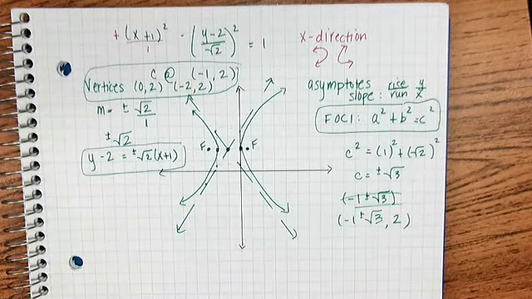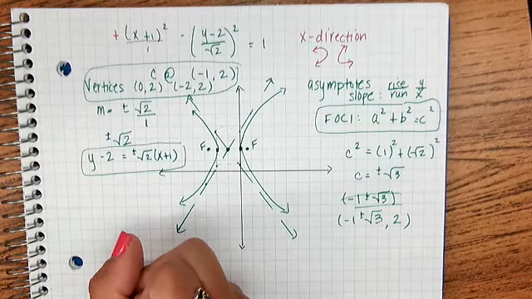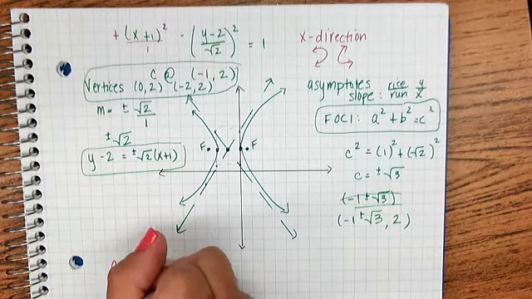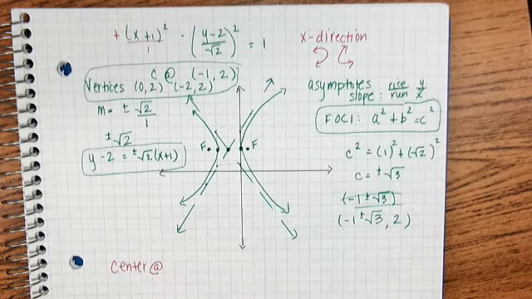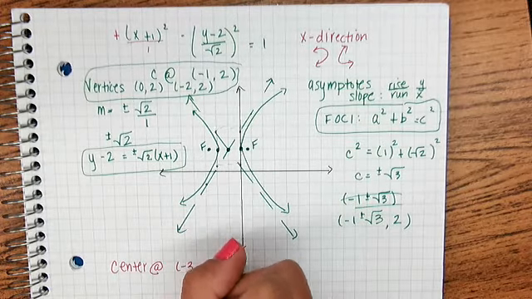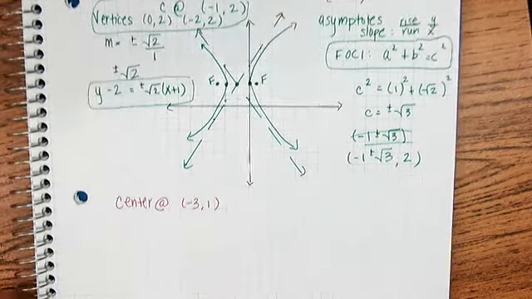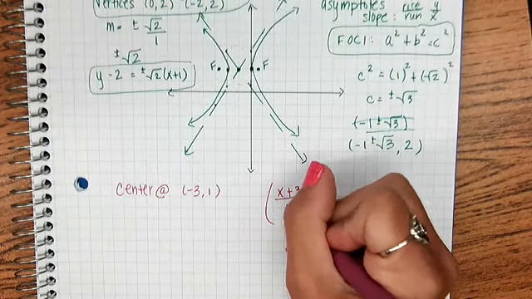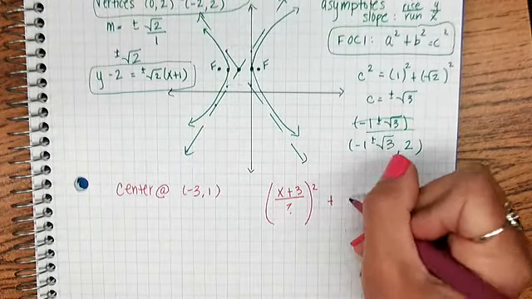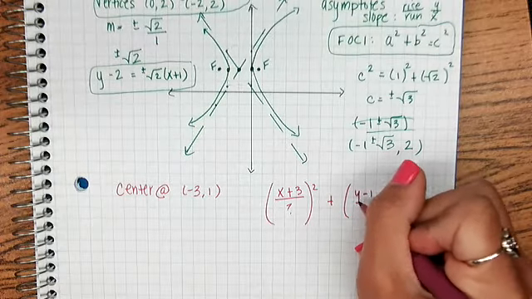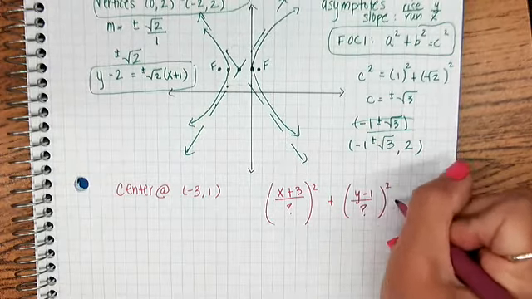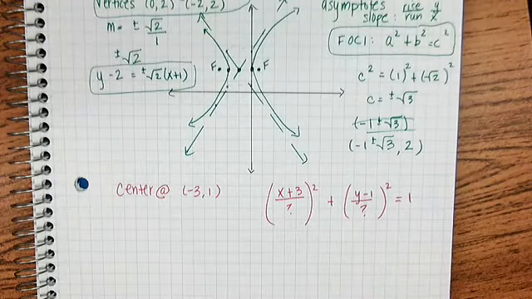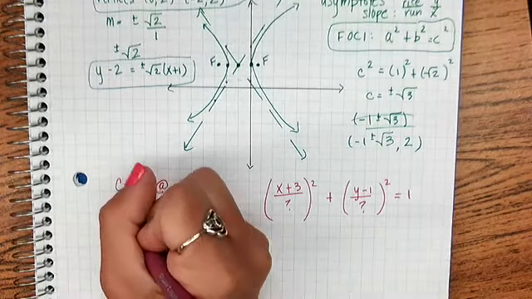I'm going to give you the information for the hyperbola, and we're going to write the equation in vertex form. The center is at -3, 1. Right away, this is x plus 3 over something squared plus y minus 1 over something squared. Doesn't matter which way it opens, the center is the center. We have a focus at -3, 6.